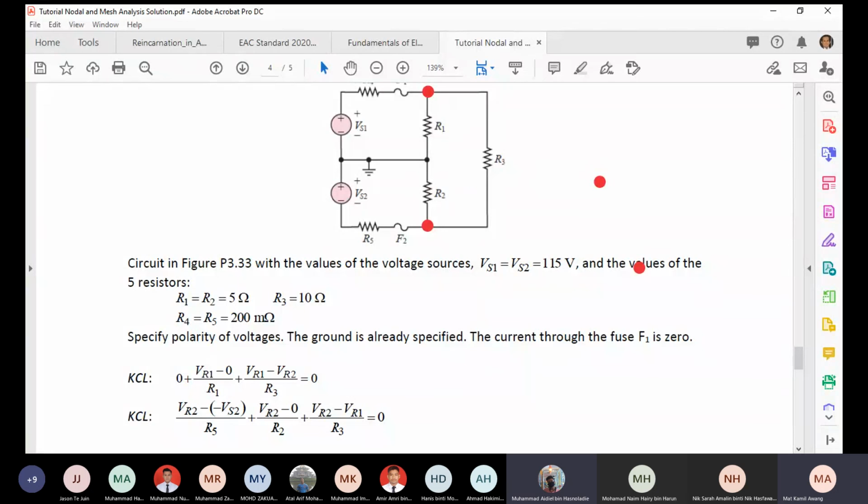Also, since tomorrow is 1 hour, I'm going to give you the question maybe tonight for you to try, and tomorrow we go through the solution for the superposition, Thevenin, Norton, maximum power transfer.